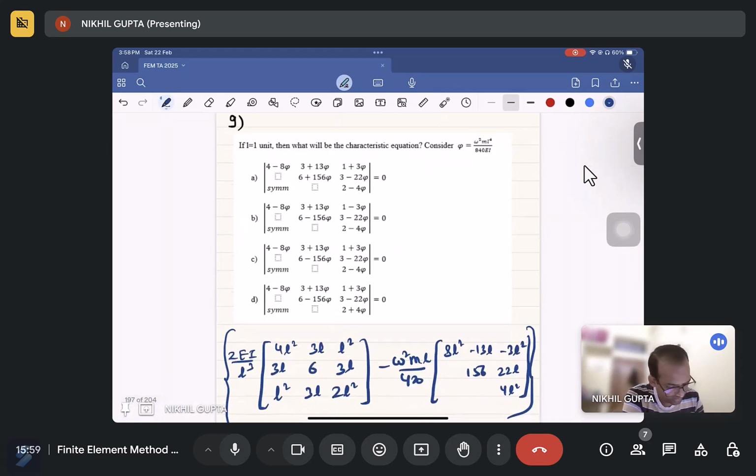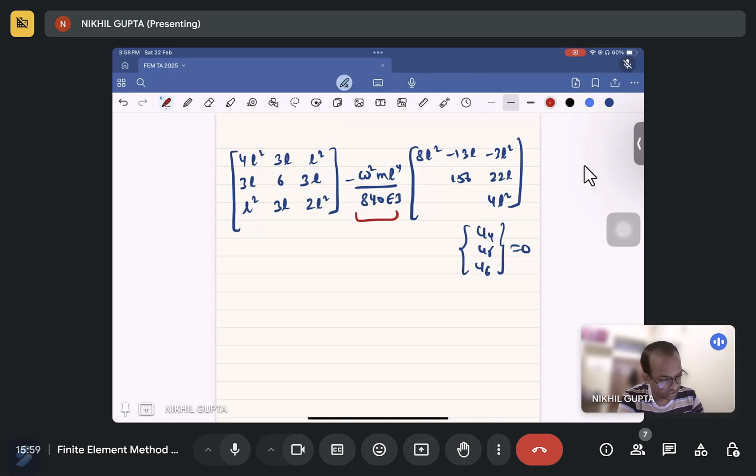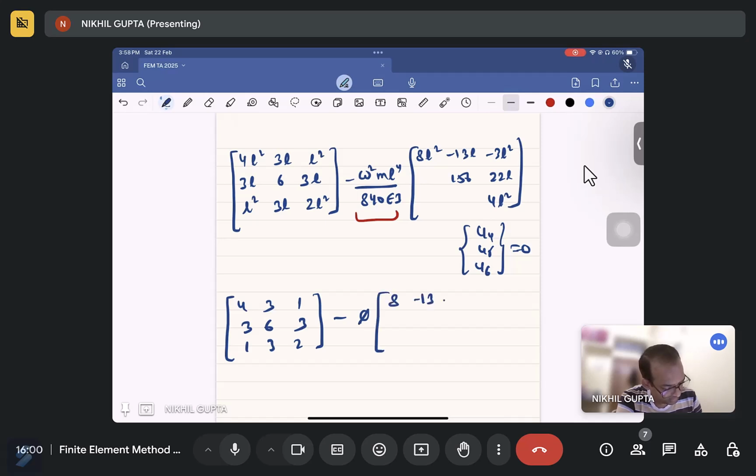So why have I done this? Because in the question it is given like this, so you have to replace this term with 5. So I have made this term here. Now we can write it by putting L as 1, so it will be 4, 3, 1, 3, 6, 3, 1, 3, 2, minus, we can write it as 5, and it will be 8, minus 13, minus 3, 156, 22 and 4. And to write it fully, this will be your equation.